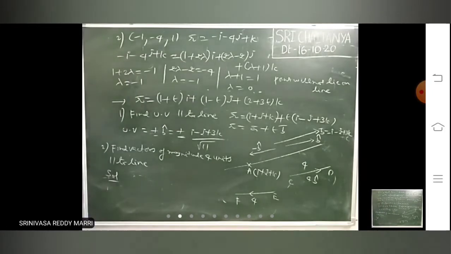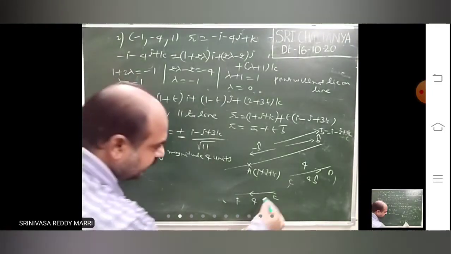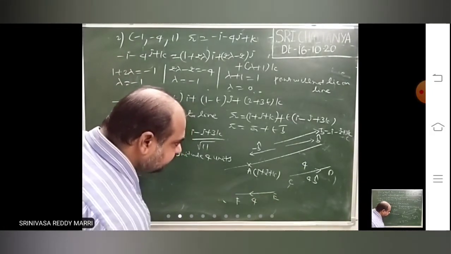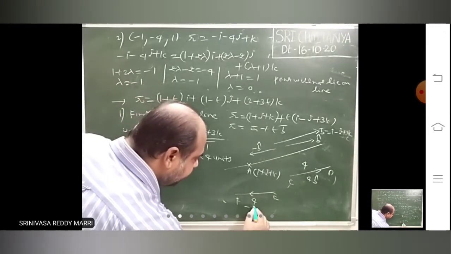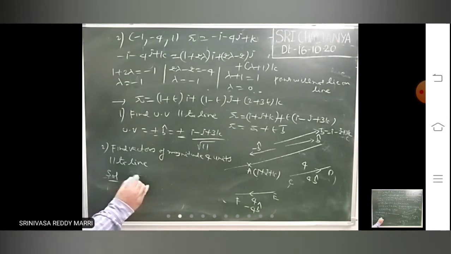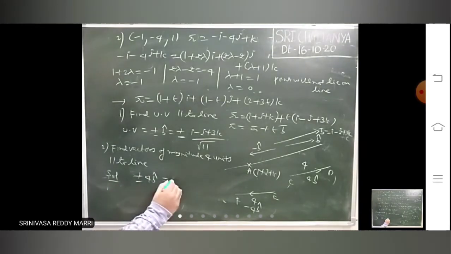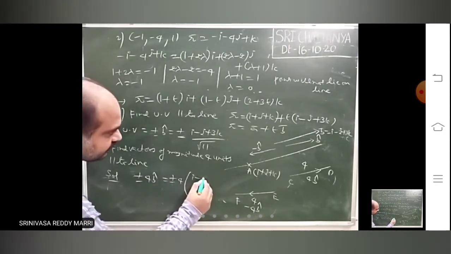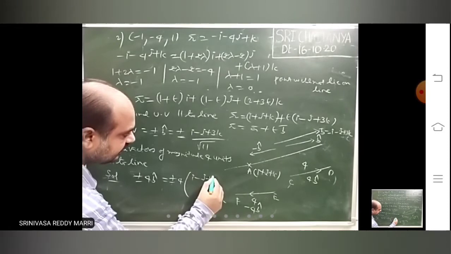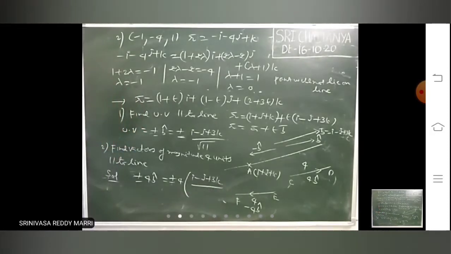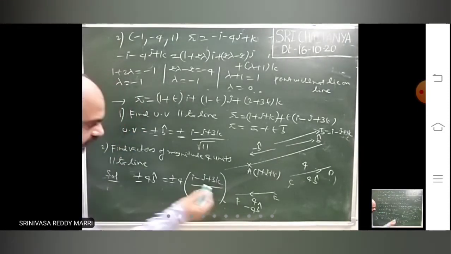Magnitude 4 units means that vector is 4 b cap, and in the opposite direction the unit vector is minus b cap. Therefore EF bar is nothing but minus 4 b cap. The required vectors are plus or minus 4 b cap, that is plus or minus 4 into i minus j plus 3k divided by root 11.